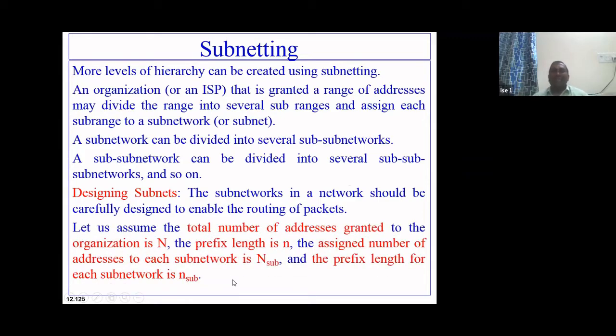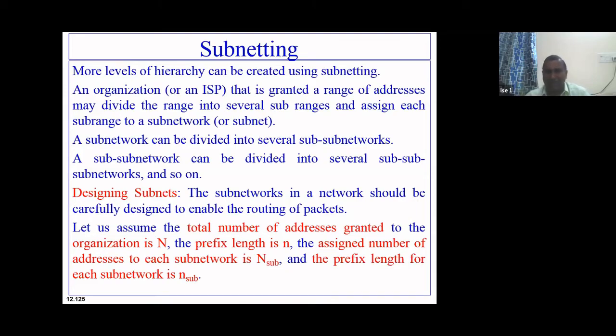So how do I design the subnets? Whenever we are designing the subnet, we have to be very careful, because based on this subnet design, our routing of the packets will take place. If your design of subnets is not proper, routing becomes difficult.